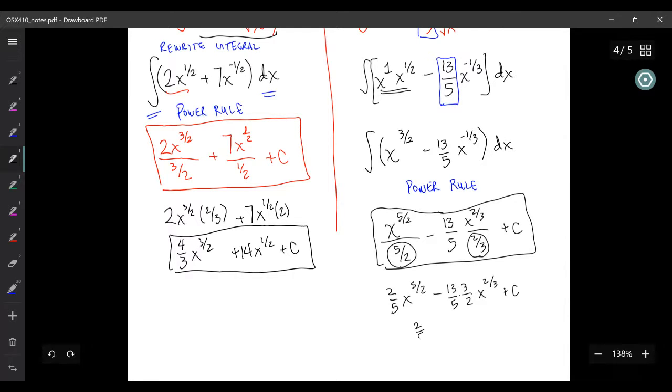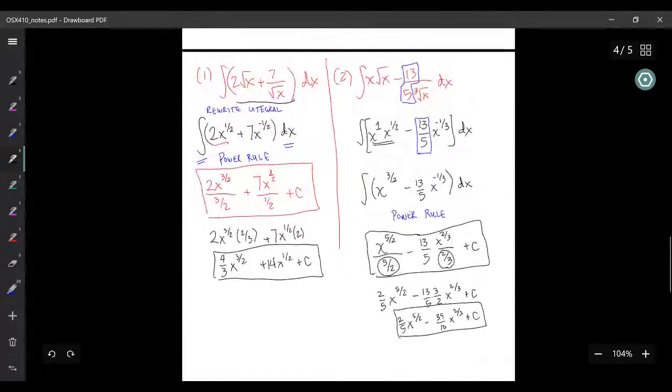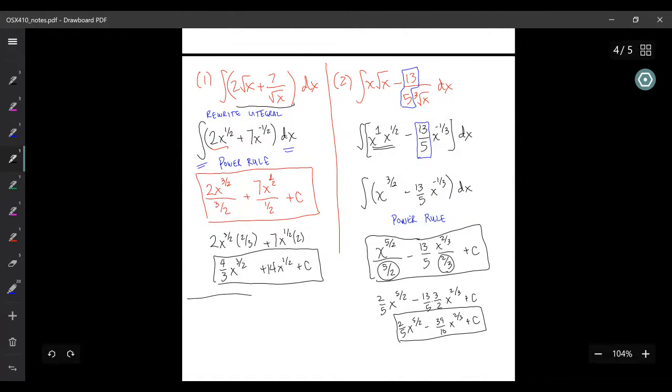So it's 2/5 x to the 5 halves minus 39 over 10 x to the 2/3 plus a constant. Notice again, you just have to clean up your integral before you start doing anything. So it's a bunch of algebra at the beginning, and then you do a little bit of calculus.